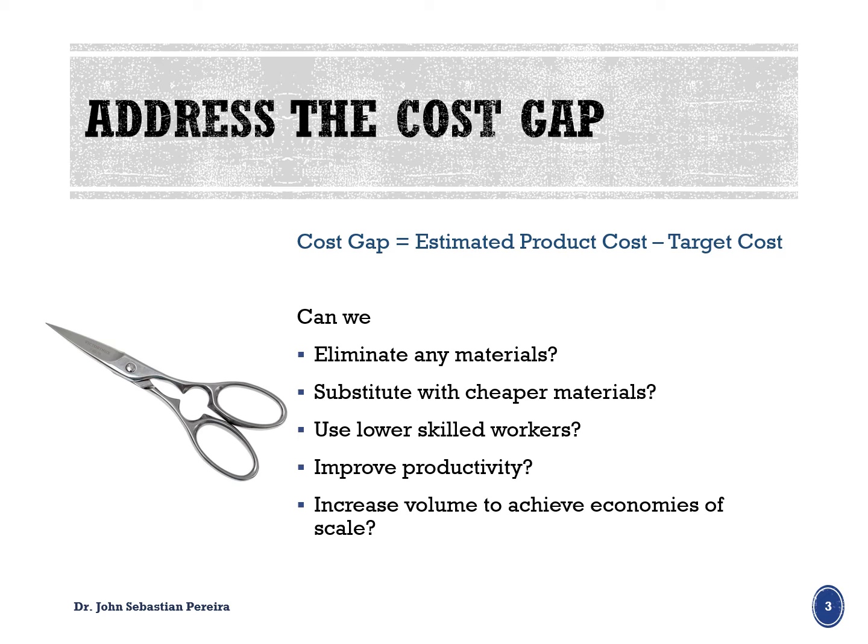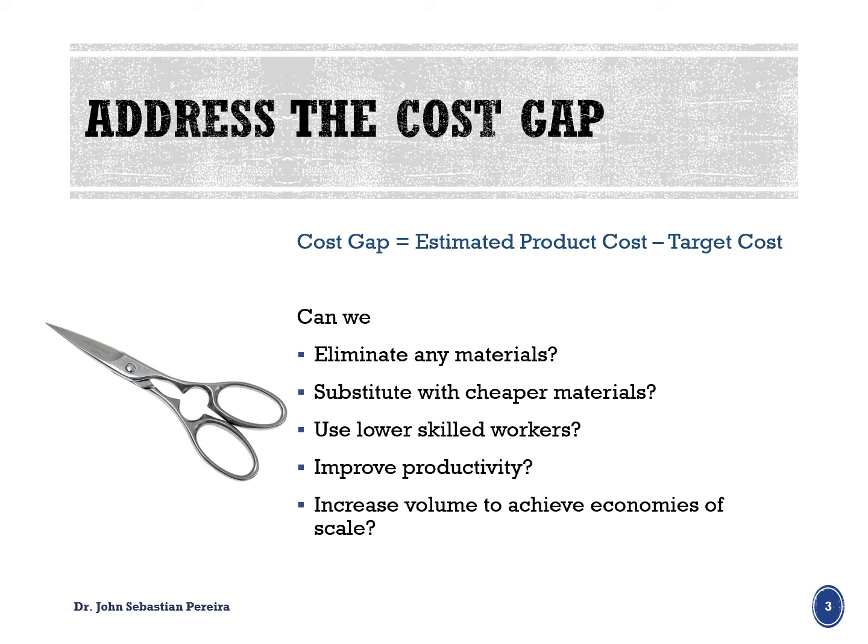Is there any way to improve the productivity, maybe through employee motivation? And if the cost gap is low, can we increase the volumes to achieve economies of scale? Because in that sense, the process would be sustainable for the organization.